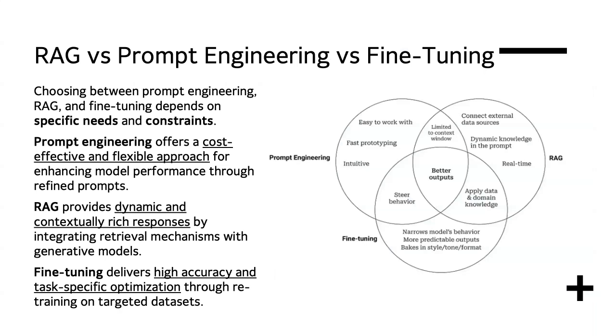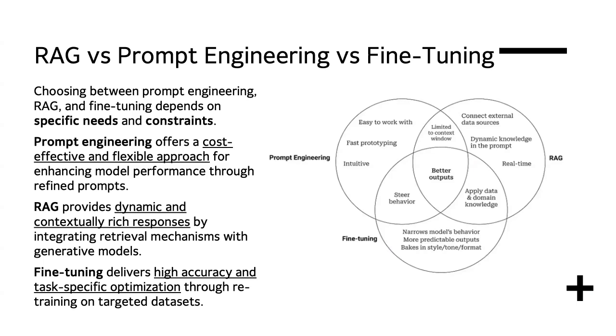So now I'm going to also compare with prompt engineering. Choosing between prompt engineering, RAG, and fine-tuning depends on specific needs and constraints. Prompt engineering offers a cost-effective and flexible approach for enhancing model performance through refined prompts.